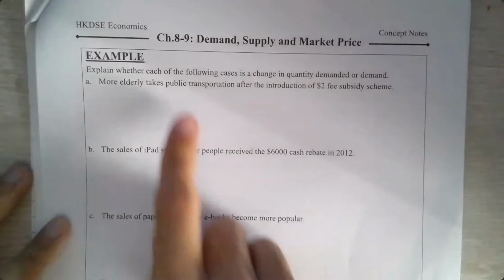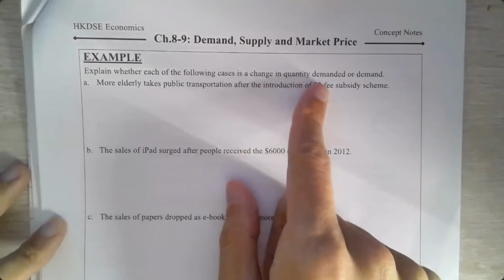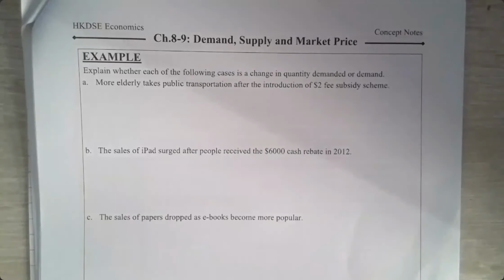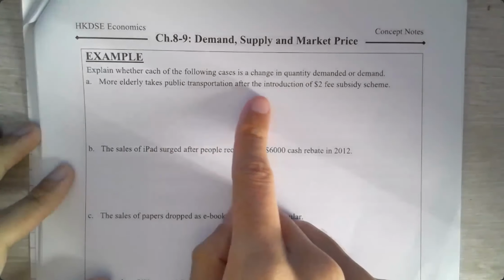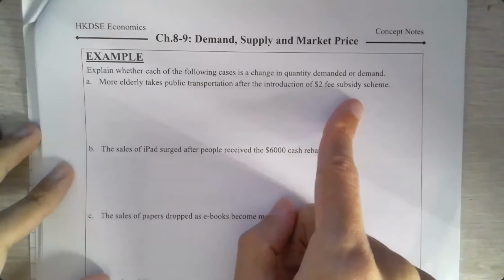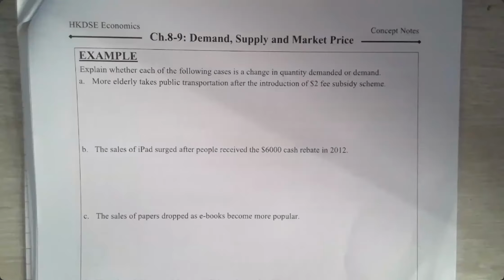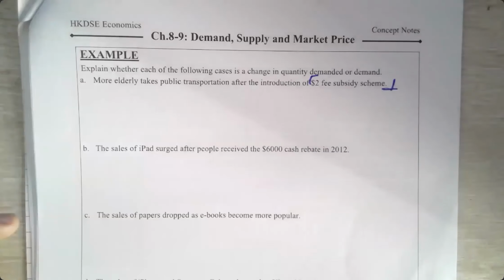Okay, here we need to explain whether the following cases is a change in QD or demand. 究竟係 QD 嘅轉變定係成條 demand 嘅轉變啊？Let's say, more elderly take public transportation after the introduction of the $2 fare subsidy scheme. 即係咩意思啊？如果呢個咁嘅 subsidy 啊，$2 subsidy scheme, what is it affecting?